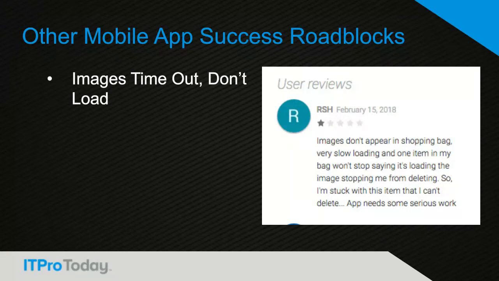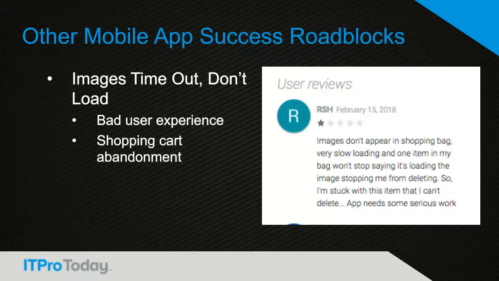You can see this reviewer saying, images don't appear in the shopping bag, very slow loading, one item in my bag won't stop saying it's loading. You know, it's a disastrous user experience. And it can cause shopping cart abandonment. And it results in a poor review. This is a great example of that.